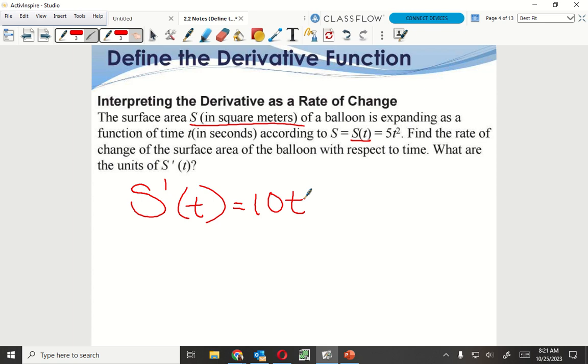Now, this is a rate of change. Just like Denny yesterday driving through that school zone, right? Remember, this is Exhibit A of his murder trial.